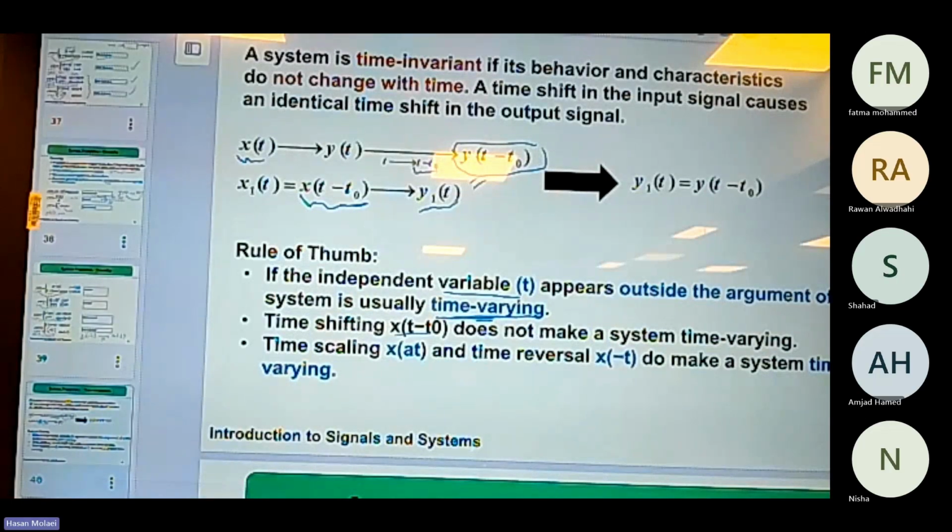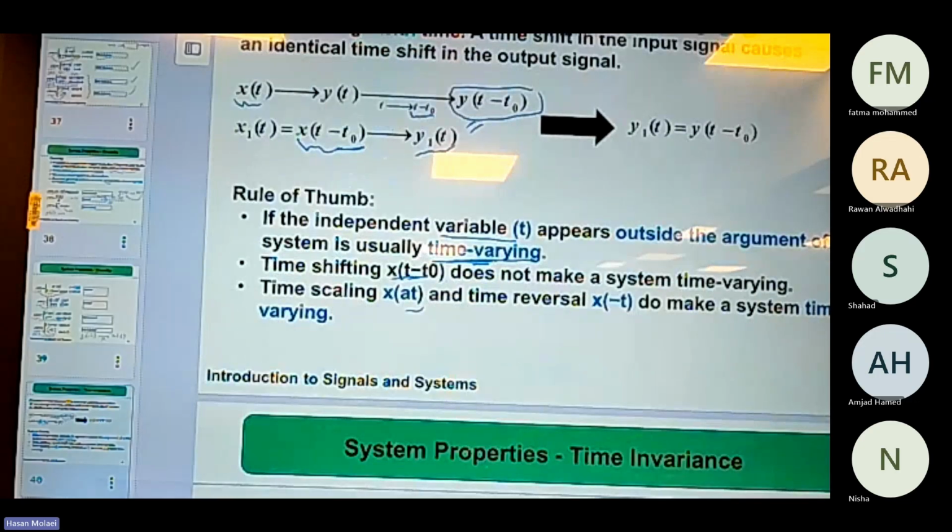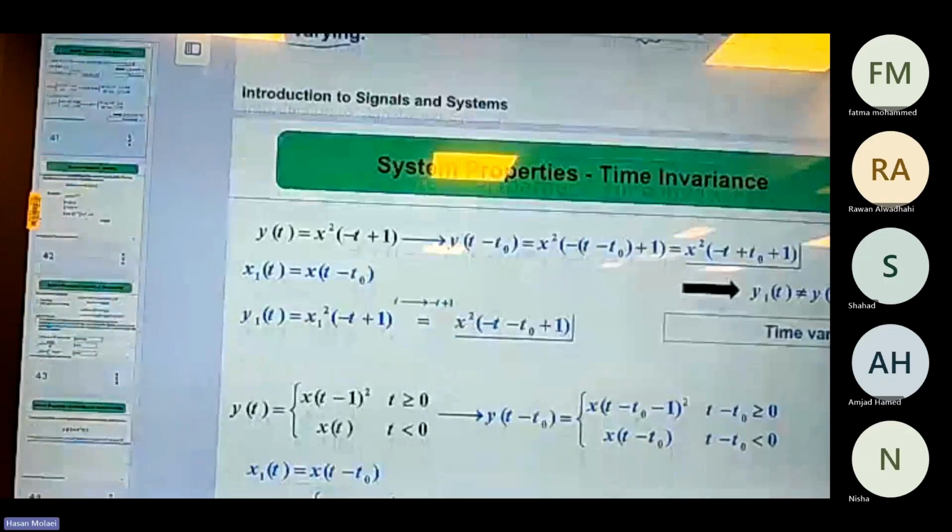If we have time shift, it's okay, you're still time invariant. If we have scaling or reversal, it can affect time invariance. Let's see some examples.